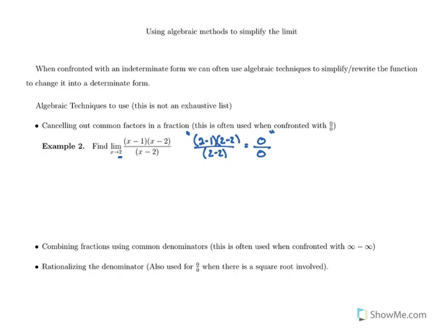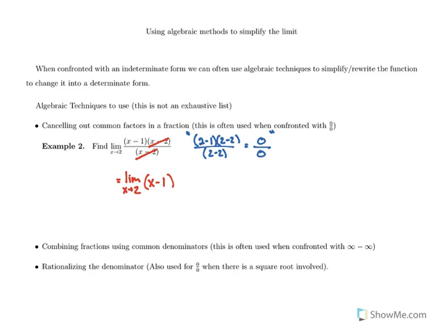So that's an indeterminate form, so we are stuck. We have to do something to change this limit. But note that we can cancel the x minus 2's from the top and the bottom and rewrite this limit as the limit as x approaches 2 of x minus 1.